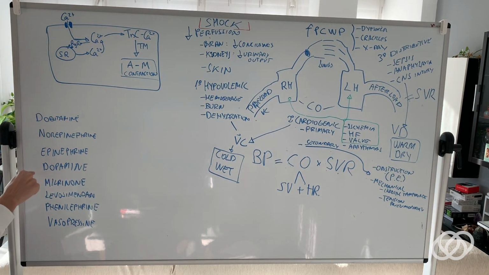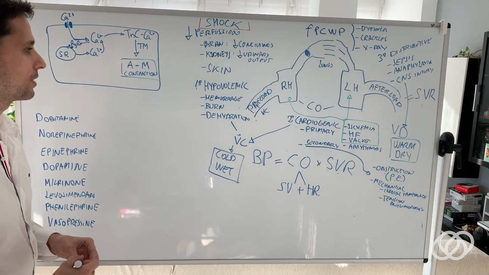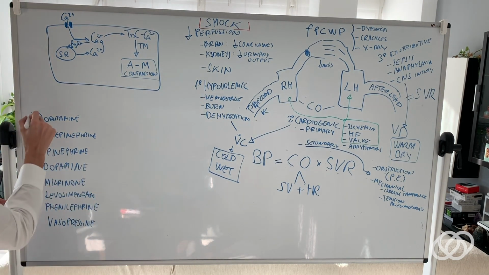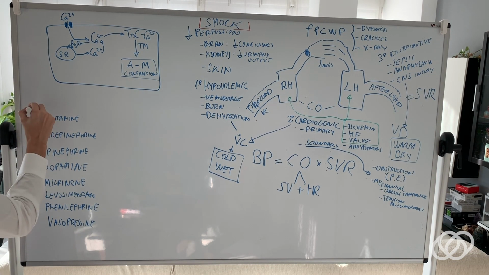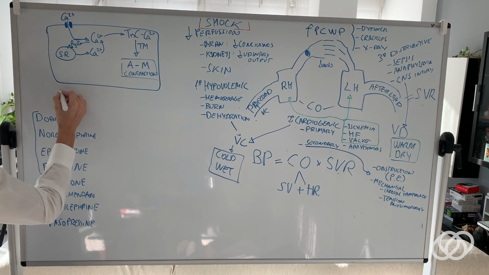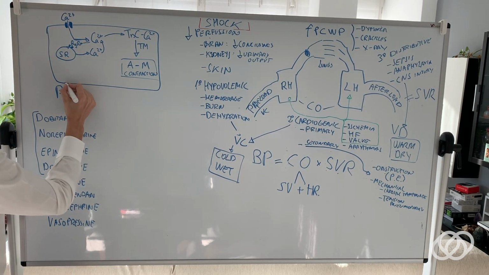So what do we have? A lot of the inotropic drugs that we use work on what are called the beta-1 receptors. The beta-1 receptors come here.